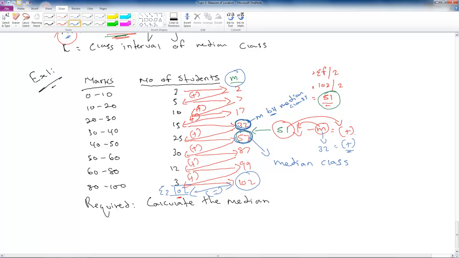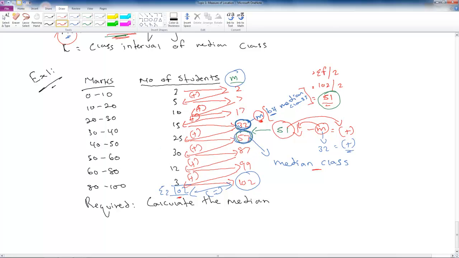Remember that. You already chose this as your M, and M means before the median class. Are we okay? If this is before the median class, the next will be your median class. Always remember that. Whatever you choose as your M, the next will become your median class. Are we okay with that?